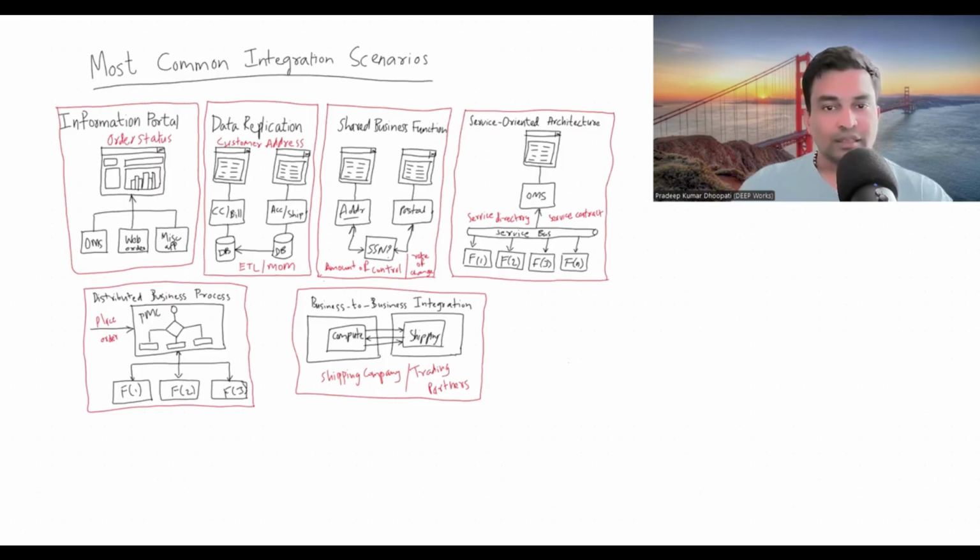And next, a most commonly used integration scenario is a shared business function. Like we may have to replicate data, we also may have to use some redundant functionality. For example, if we have to check whether the SSN presented by the customer is valid or not.